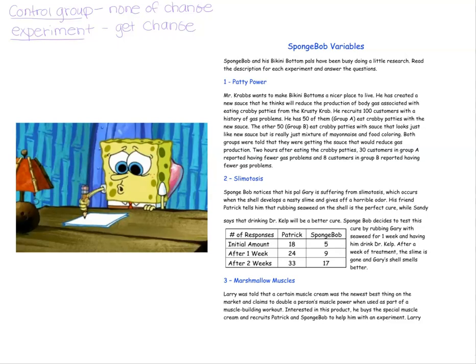Other vocabulary words that we're going to be using are independent and dependent variables. The independent variable is the one that you change, the one that you're going to be manipulating. I spelled that wrong.